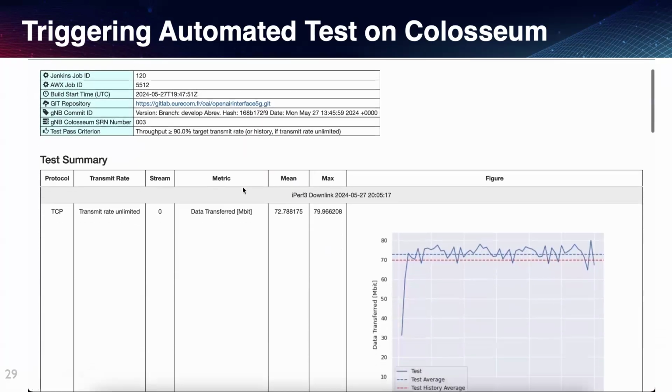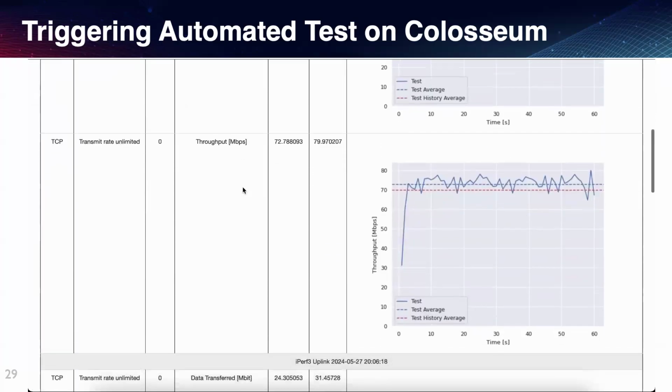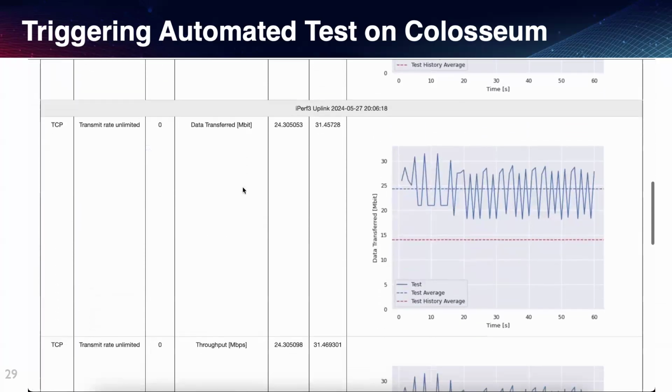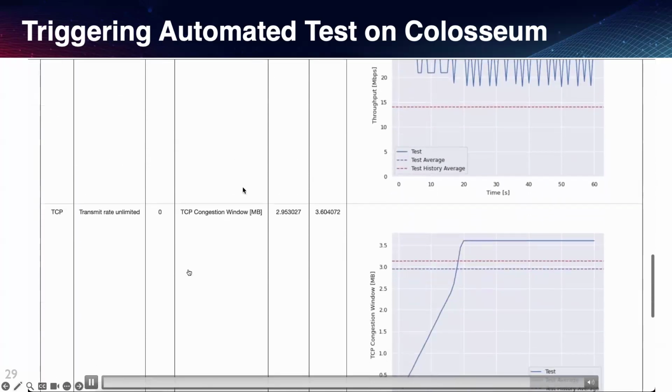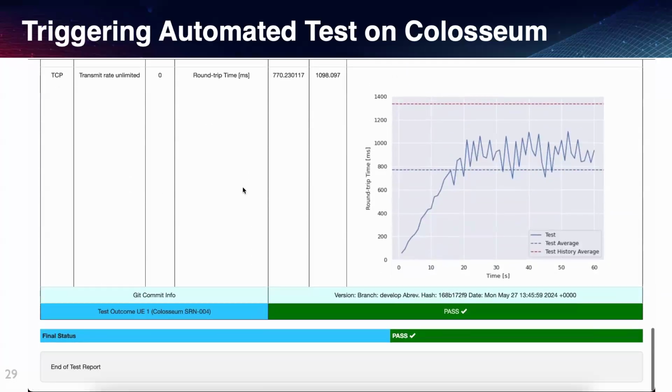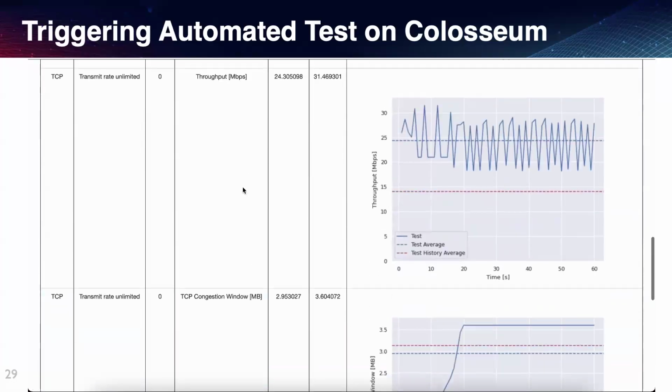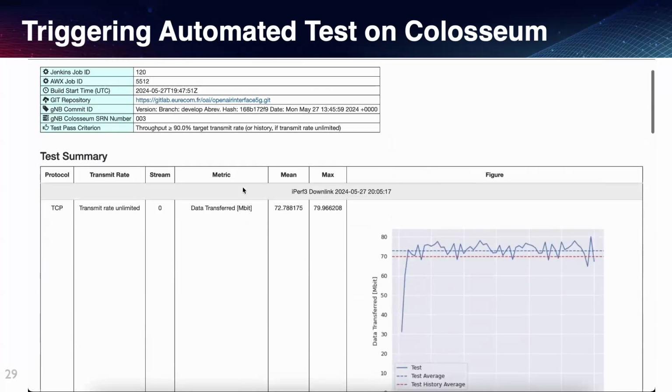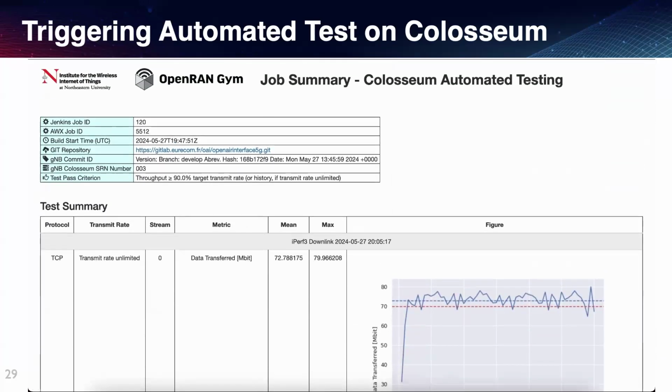So the test result looks something like this, where I can see different tests. I can plot my different tests, and I can see ultimately if my test passed or failed based on some condition that I set in the beginning.